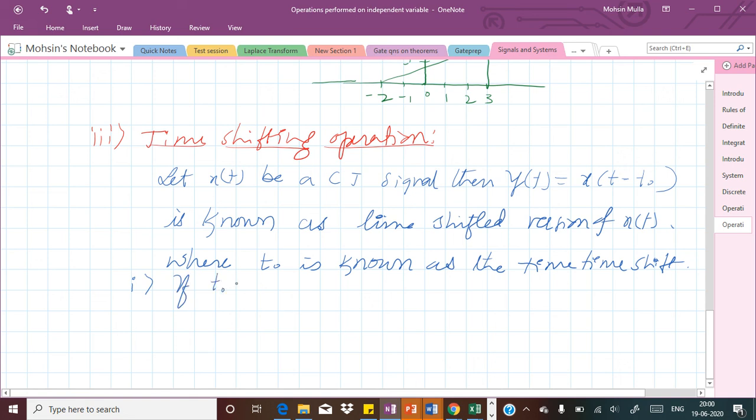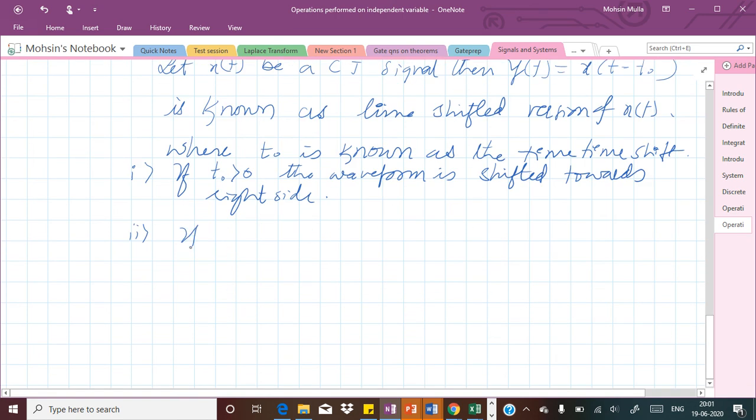If t naught is greater than 0, meaning a positive value, the waveform is delayed, or shifted towards the right side, and the signal is called delayed by t naught seconds.